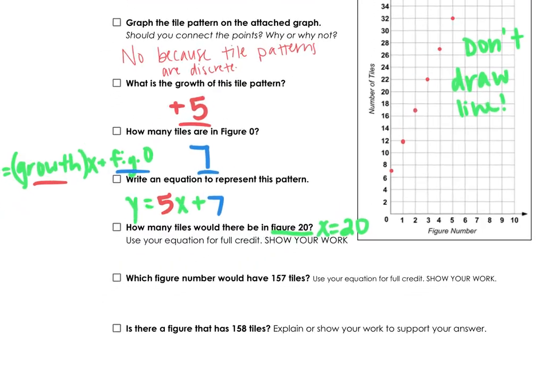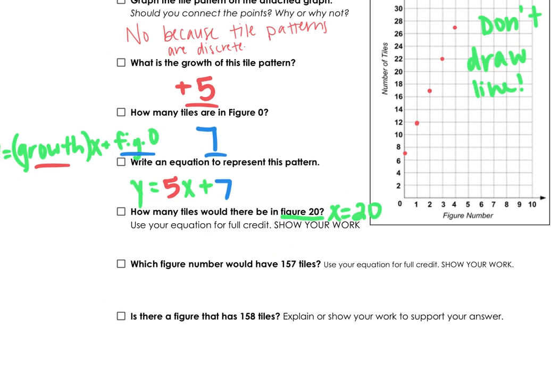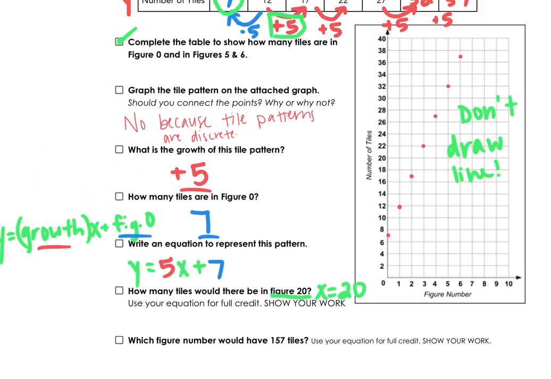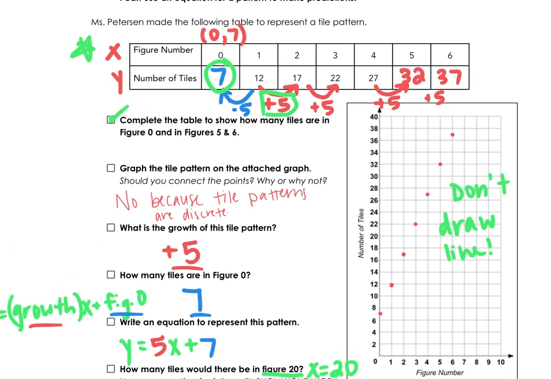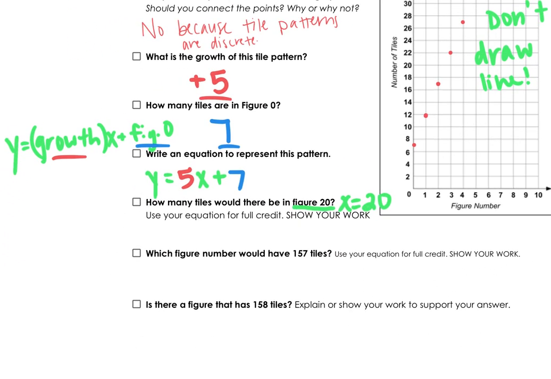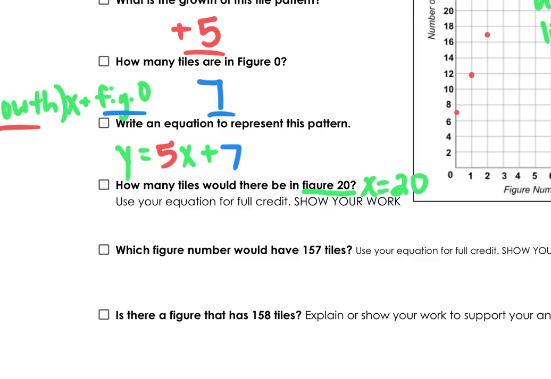So we substitute this in for x in our equation: y equals 5 times 20 plus 7.